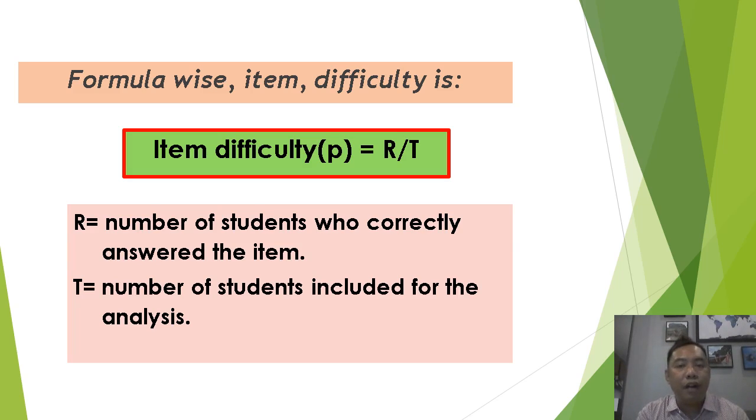So for our P, when you divide and substitute using the formula, you have the answer 0.46, which will be determined later in our scaling if the P value is difficult or not. We have the scaling also, which I will be discussing on the next slide.